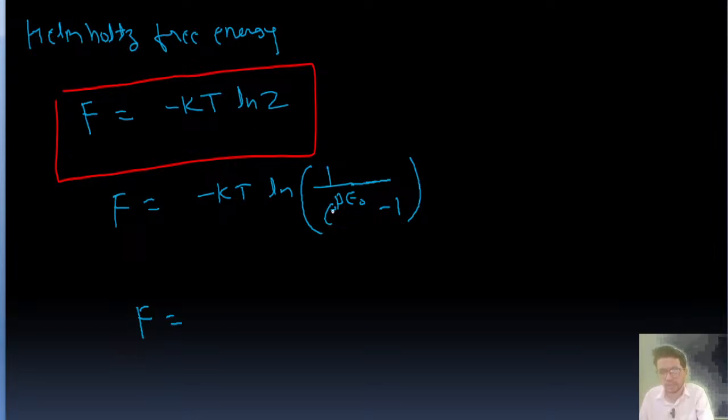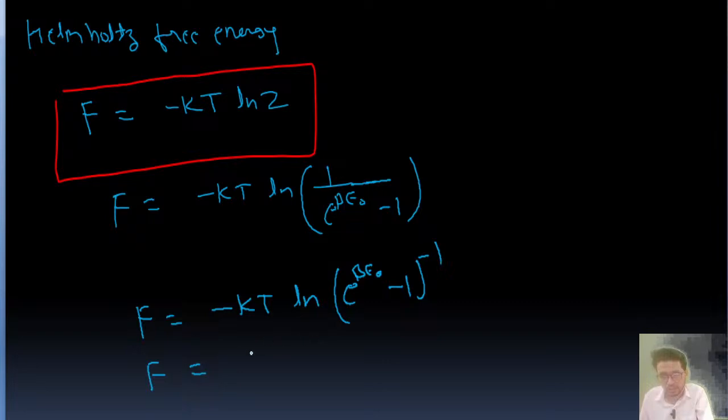So we can write this as e to the power, ln of e to the power beta E naught minus 1 to the power minus 1. So minus minus is going to be plus. So this will be plus KT ln, and we can write it like log a minus b, right?